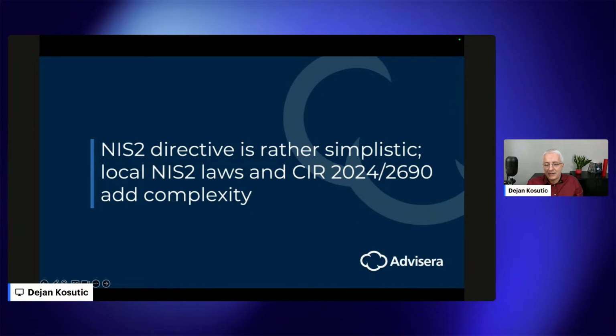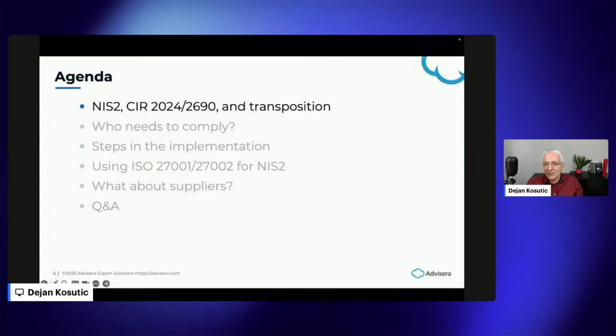All right, so let's see the agenda. In the first couple of slides, I'll go through the basic requirements from NIS2, from this CIR, and the transposition. Transposition means how EU countries will publish their own laws based on NIS2. Then I'll explain who needs to comply, so which companies are in NIS2 scope. There are 3 criteria, and I'll show you these 3 criteria. Then I'll show you the steps in the implementation.